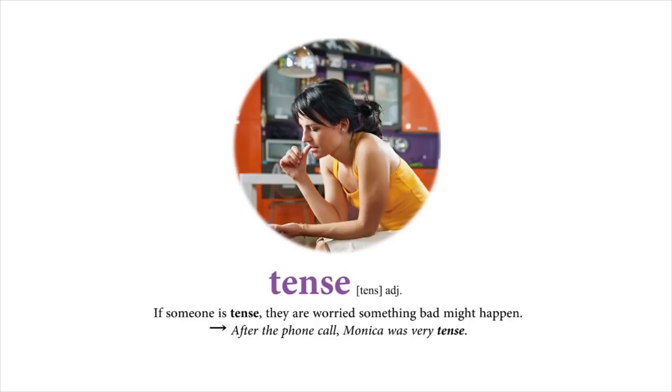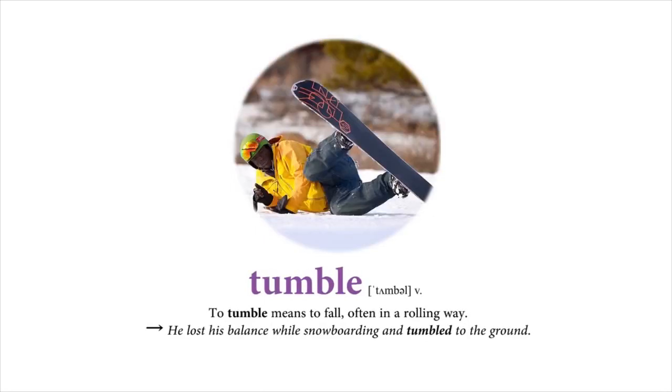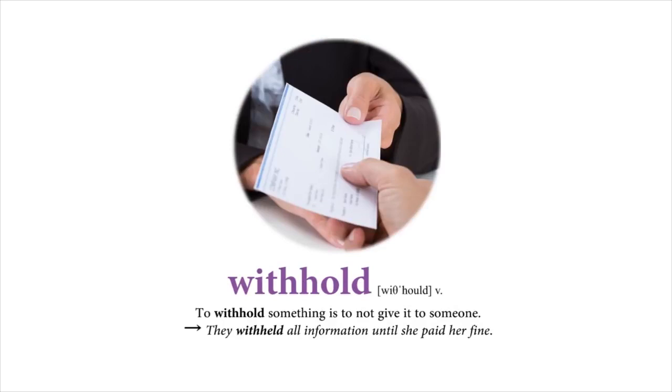After the phone call, Monica was very tense. Tumble. To tumble means to fall, often in a rolling way. He lost his balance while snowboarding and tumbled to the ground. Withhold. To withhold something is to not give it to someone. They withheld all information until she paid her fine.